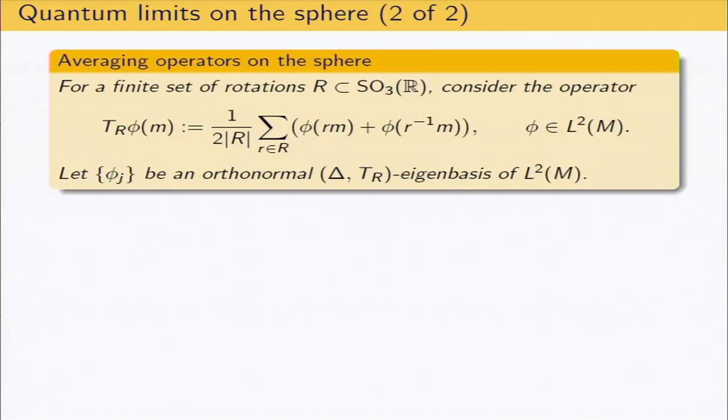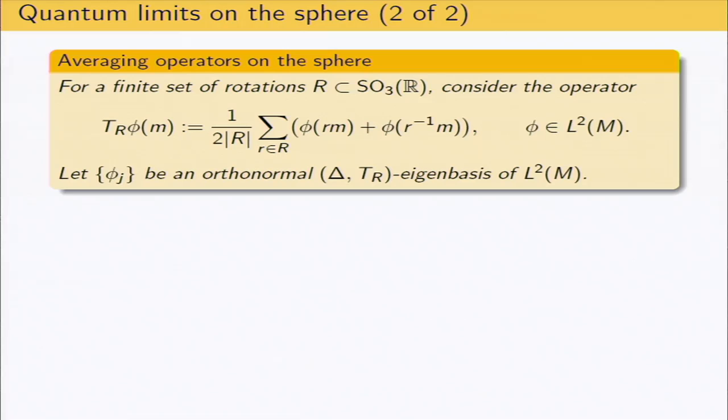Okay, so we discussed the standard basis and the random basis, and at this point, you would like to see some non-random, that is concrete, basis that behaves more like the typical or the random basis, and for which we shall consider Hecke-like operators or averaging operators on the sphere: take a finite set of rotations, and for each rotation and its inverse, form this sum.